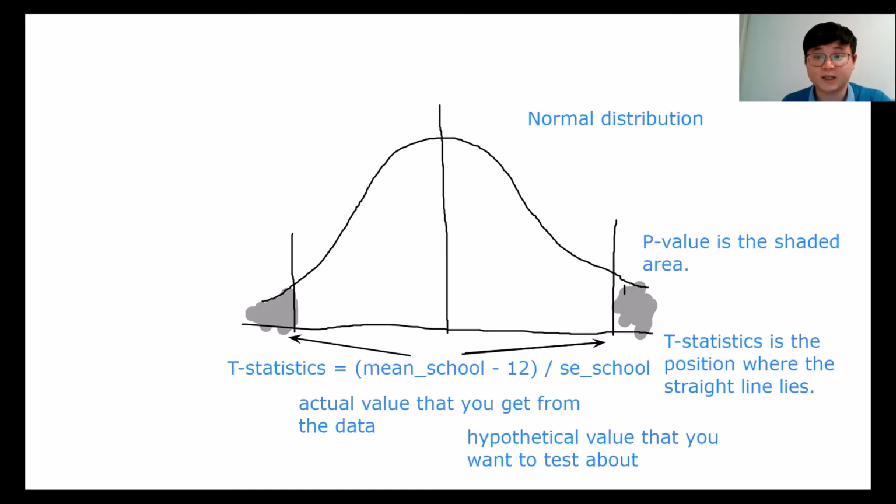So it is more likely that there should be no gap of schooling between female and male. Of course, it is a bit counterintuitive based on our actual experience and also what we heard from the news.